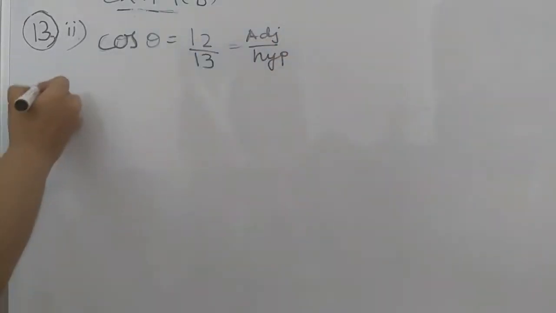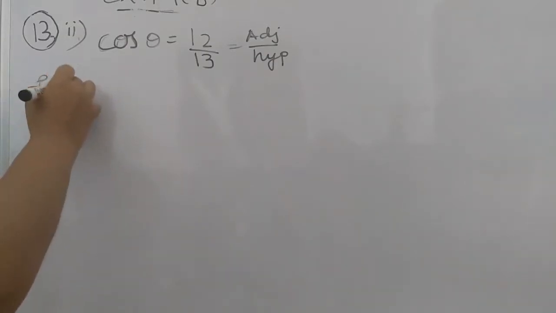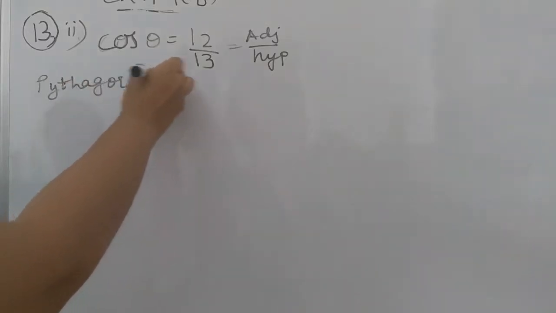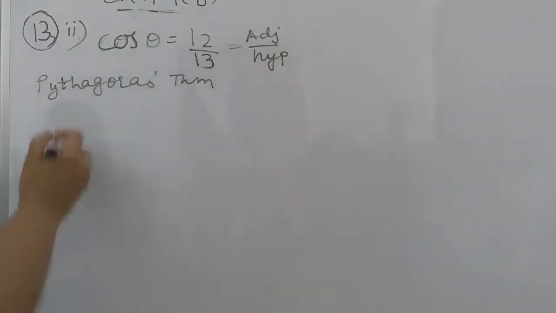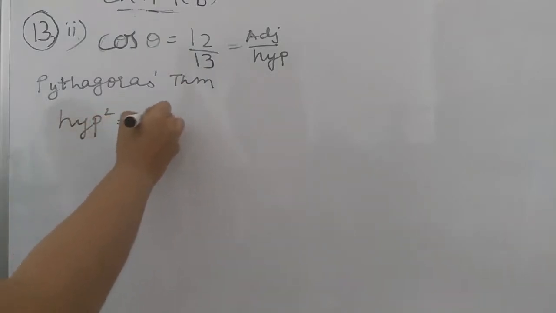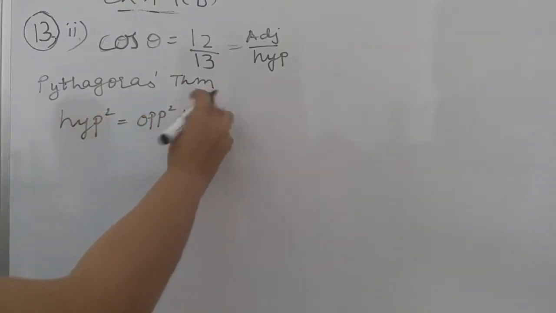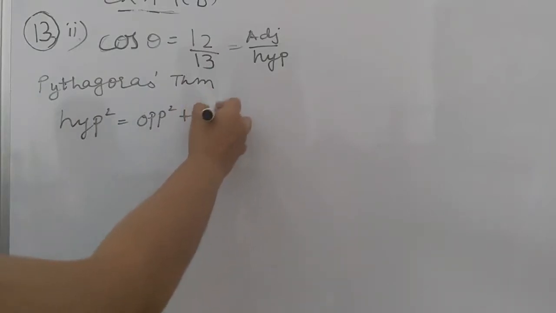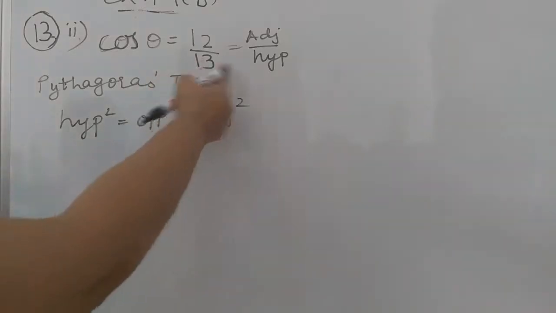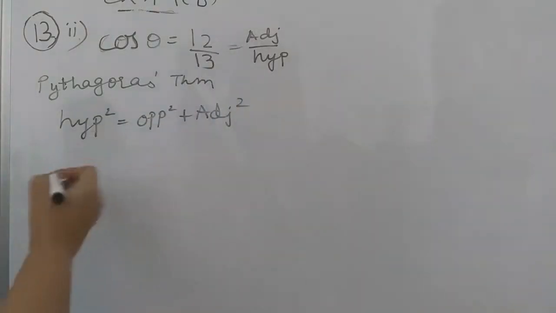So now using our Pythagoras theorem, we can write here hypotenuse square is equal to opposite side square plus adjacent side square. So here we can find out the opposite side by calculation. This is 13 hypotenuse and 12 is the adjacent side.